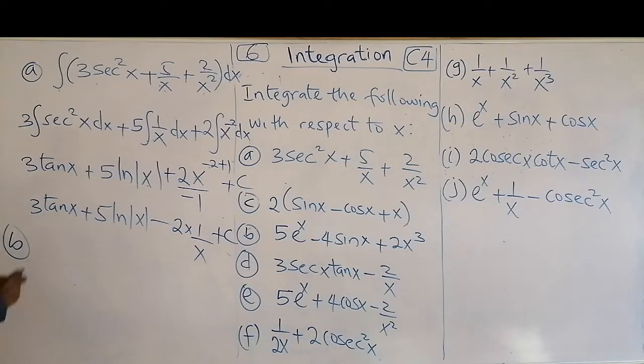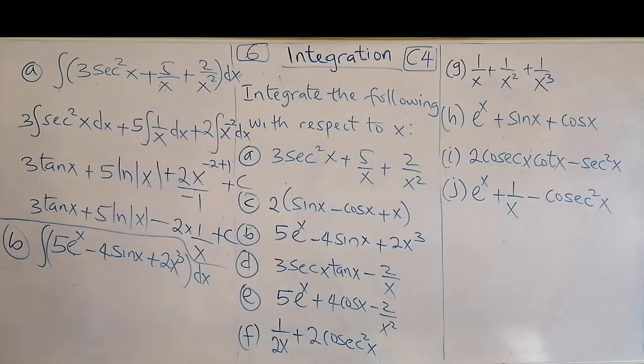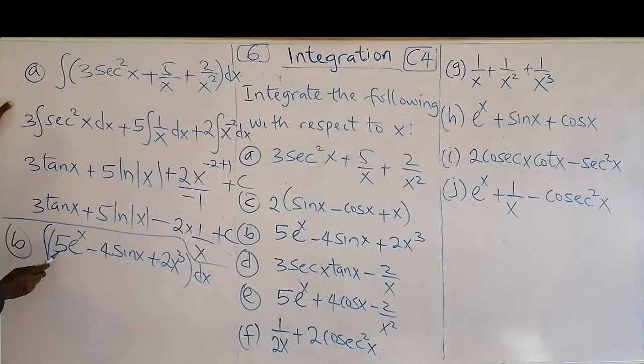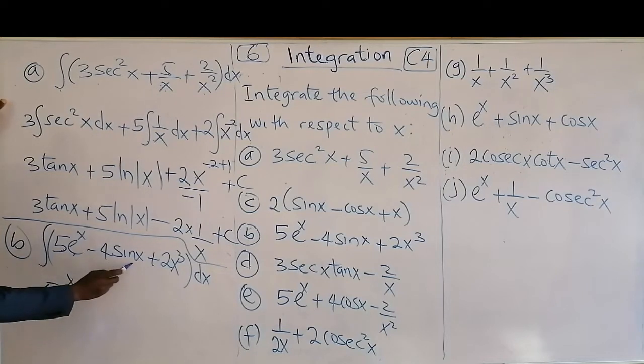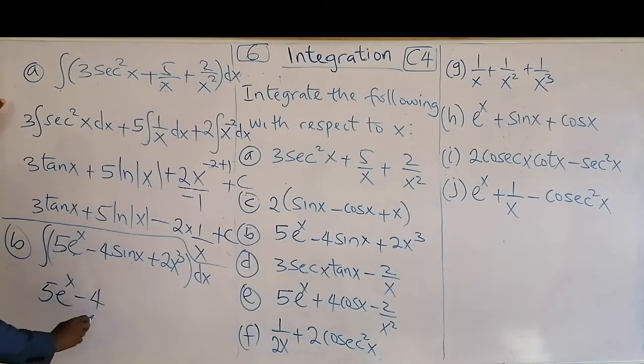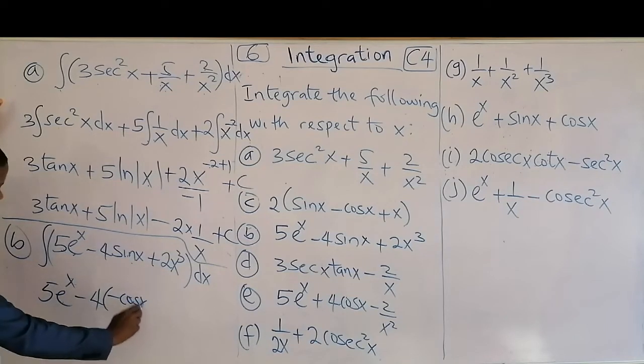The b part, integral of this function. We can do this straight away. The exponential will give you back your function, so that will be 5 exponential to the power x. And this one will be minus 4, integral of sine is minus cos x.